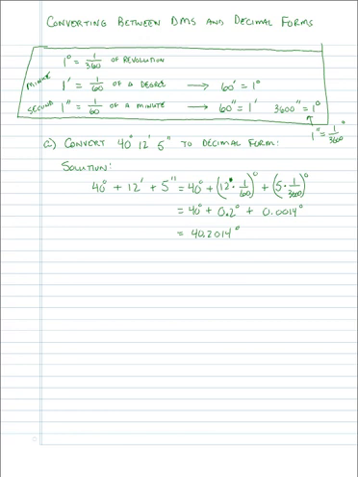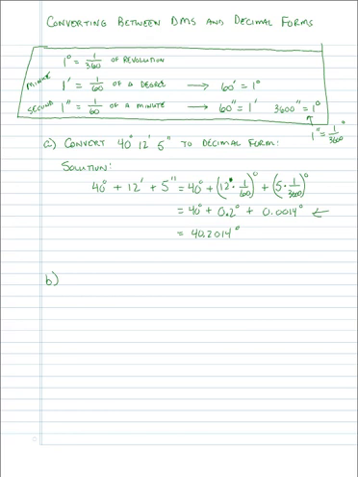Now, in this case, I rounded to 4 decimal places. I didn't state that in the problem, but that's what I wanted to do. Okay, well, let's do an example where we convert from degree measure to DMS form.